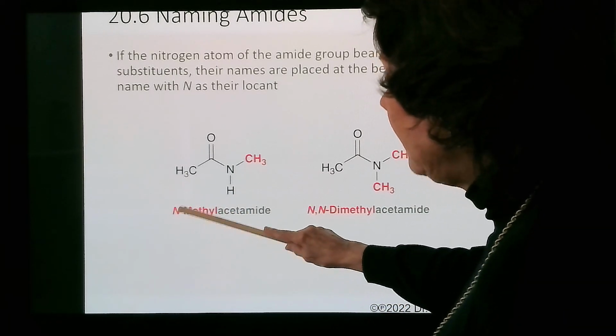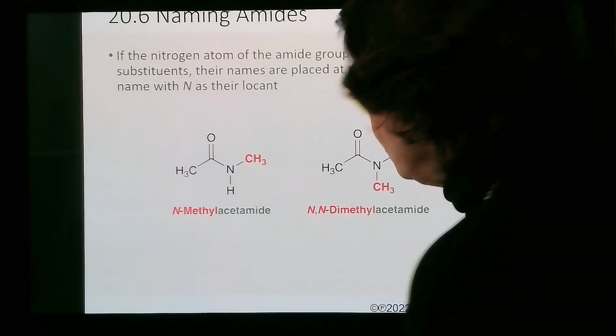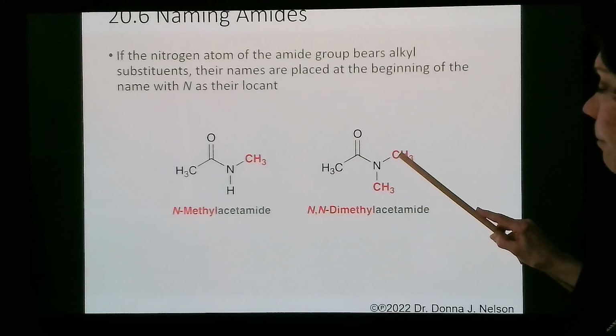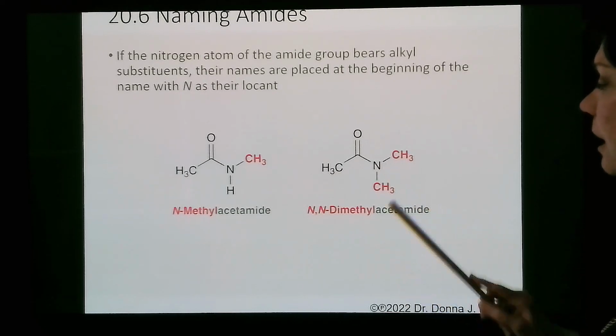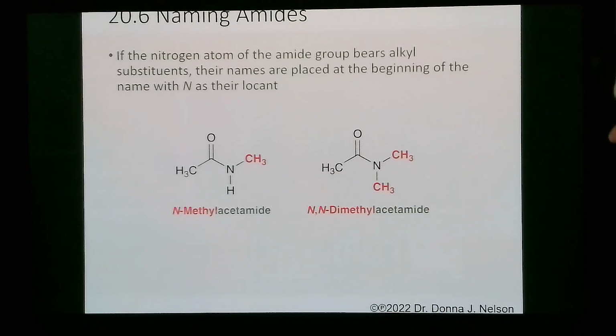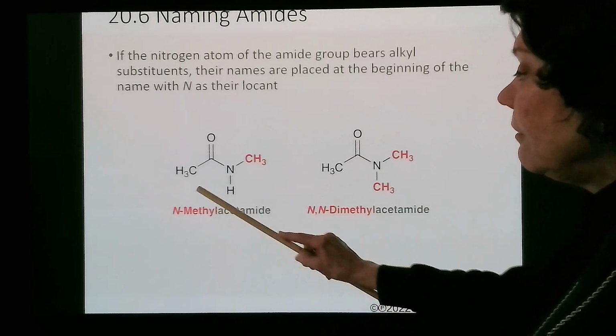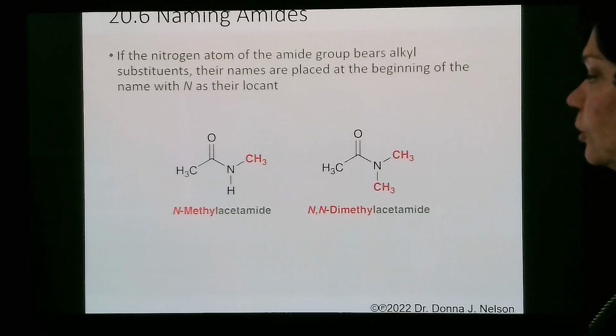The N means that the methyl is attached to nitrogen. This is N,N-dimethyl. Both of the methyls are attached to nitrogen. N,N-dimethyl acetamide. So here, the methyl group doesn't have a number as a locant. The N, which stands for nitrogen, is the locant.